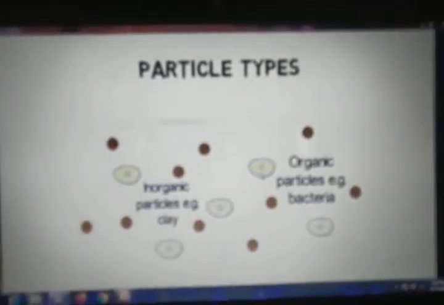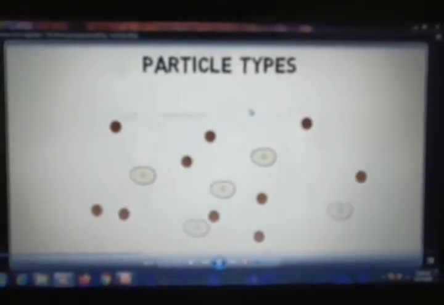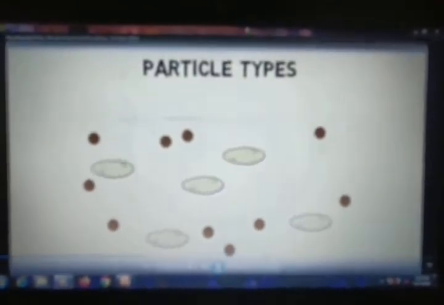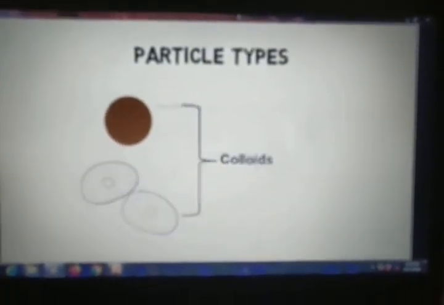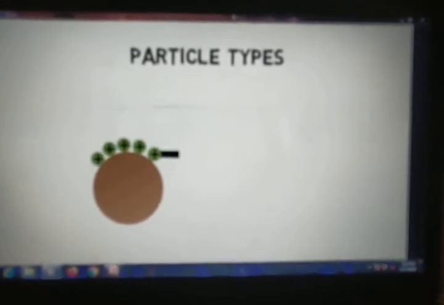Like I was telling about the types of particles, they could be organic and inorganic particles, and the process of coagulation and flocculation takes place when you add the coagulants and mix vigorously.